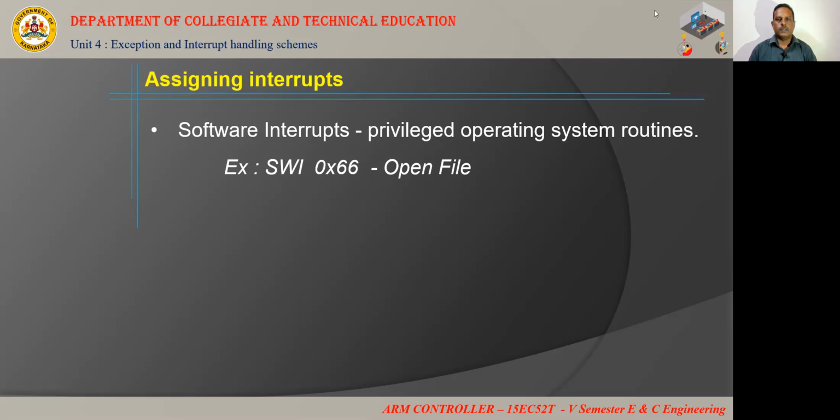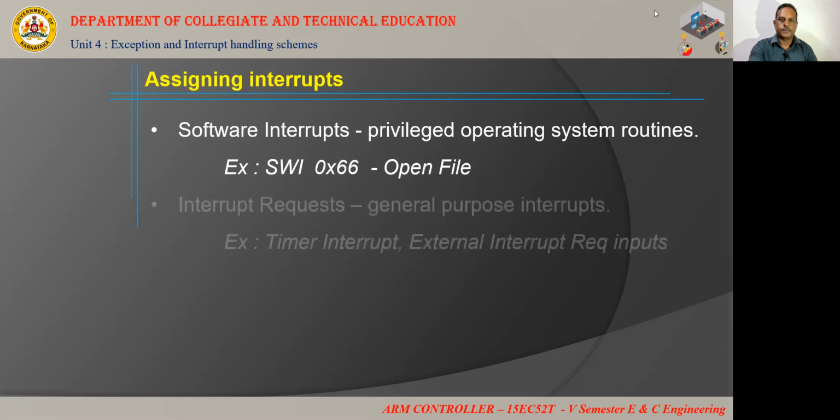So such services cannot be executed directly by the application software. Application softwares will make use of this kind of calls supported by the operating system or underlying basic IO handling mechanisms, and that is the use of software interrupt instruction.